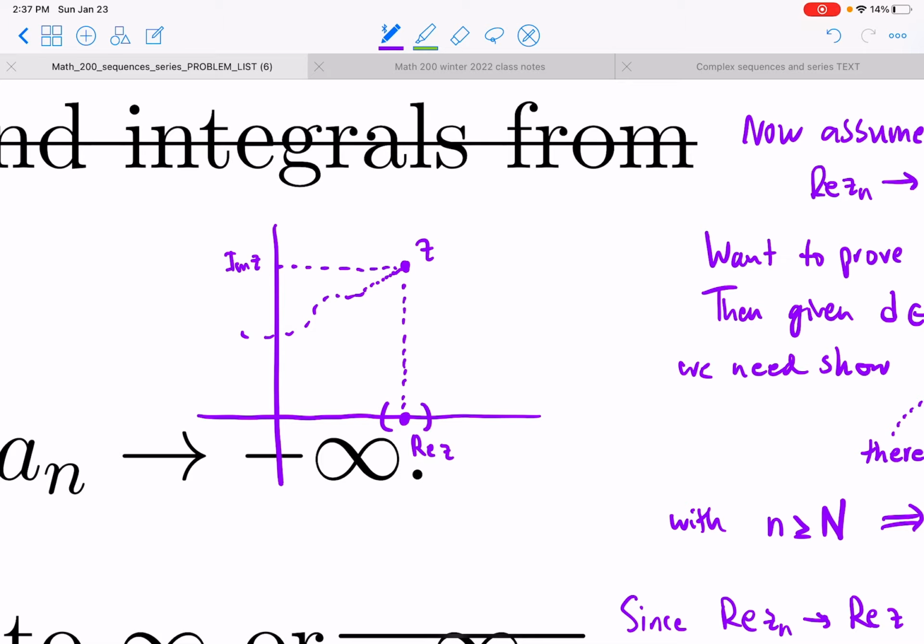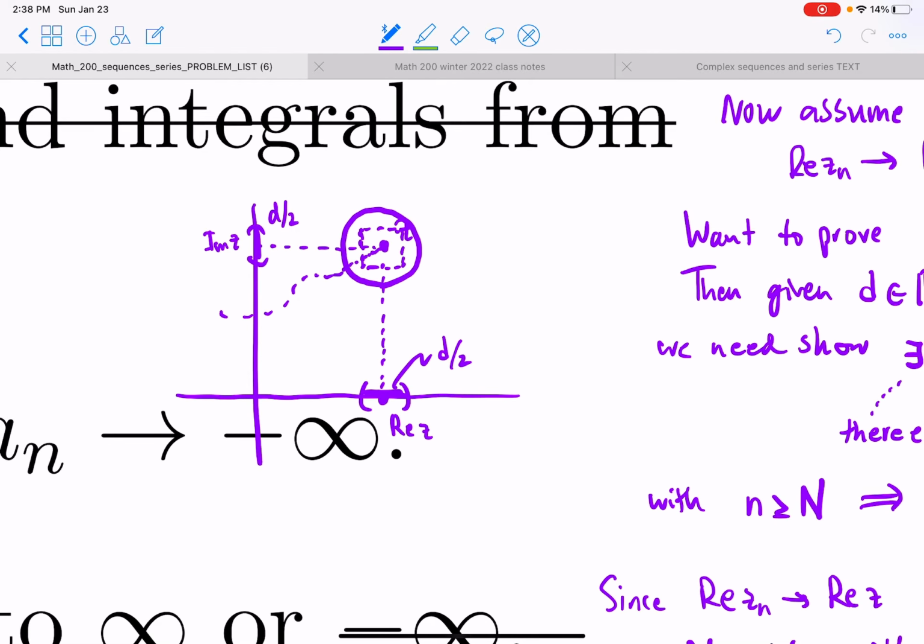And if I put this within d over 2, and if I put this within d over 2, then I know that my Zn is somewhere in this box, and then a ball of radius d contains that box. Okay? So actually this is important. By the way, this d over 2 is actually referring to this length right here. It's d over 2. Same, this d over 2 is this way.